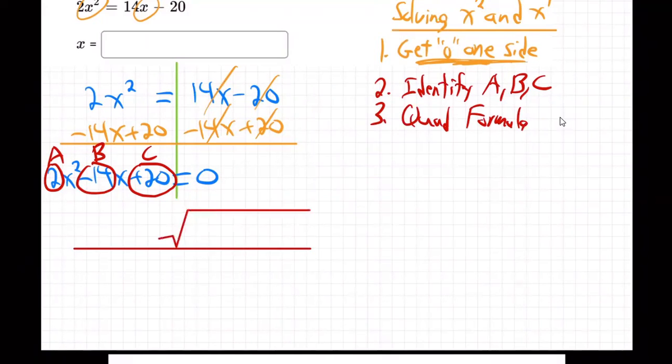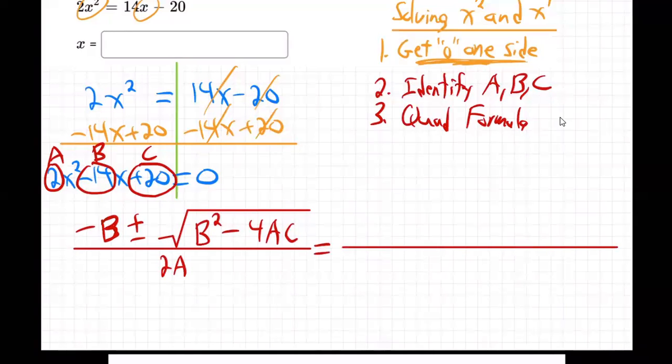So the quadratic formula is negative b plus or minus the square root of b squared minus 4ac all over 2a. I'll go over here with that. So there it is. There's the quadratic formula. This is what we use whenever we solve an equation that has x squared and regular x. We get a 0 on one side, identify A, B, and C, and then plug into this formula, the quadratic formula.